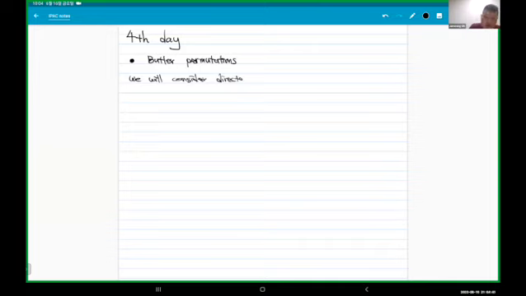I have to define some notions, but I will just give you an example of a directed perfect matching and define the notions in that example.